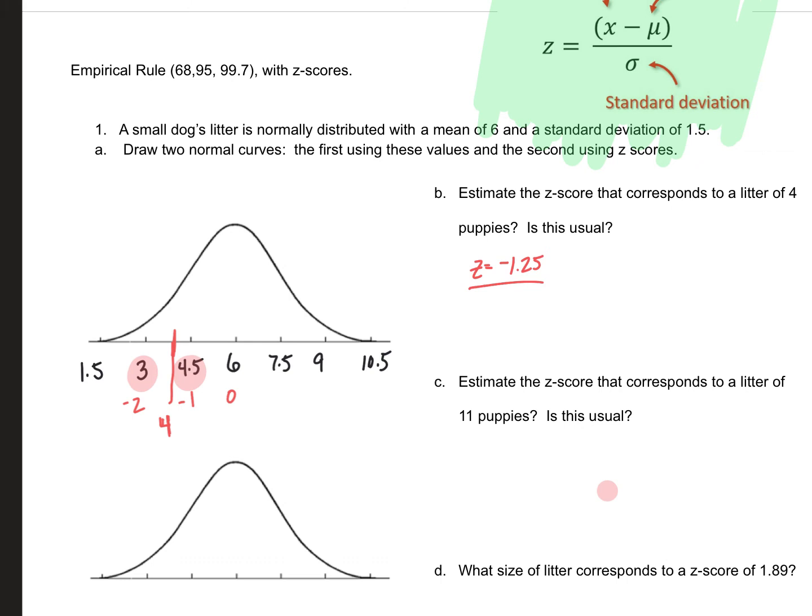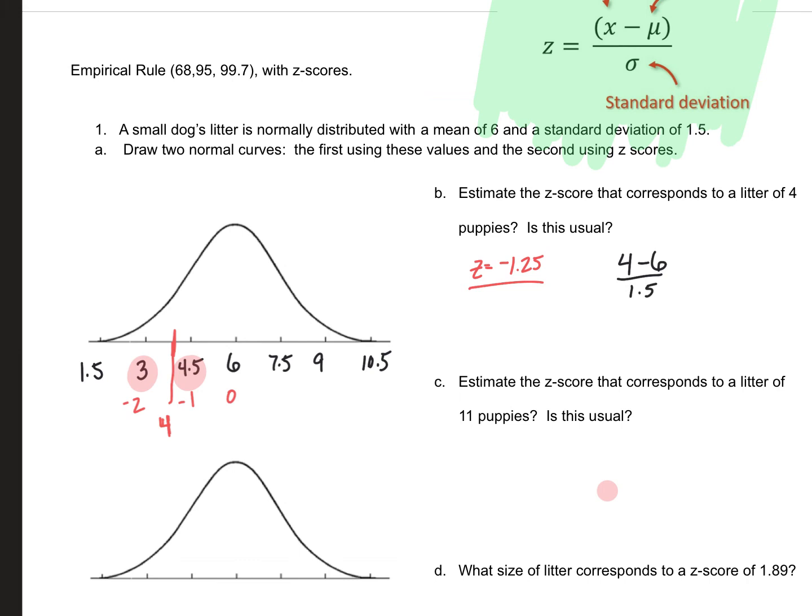That's a 2/3 ratio. But we have our z-score formula up at the top. And our z-score formula says this: all we need to calculate is the value of interest, in this case that is 4, minus the average, which is 6, divided by the standard deviation, which in this case is 1.5.